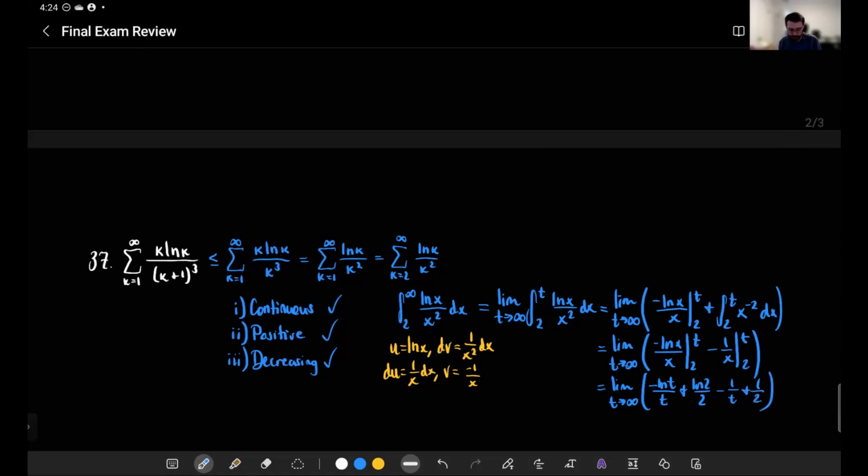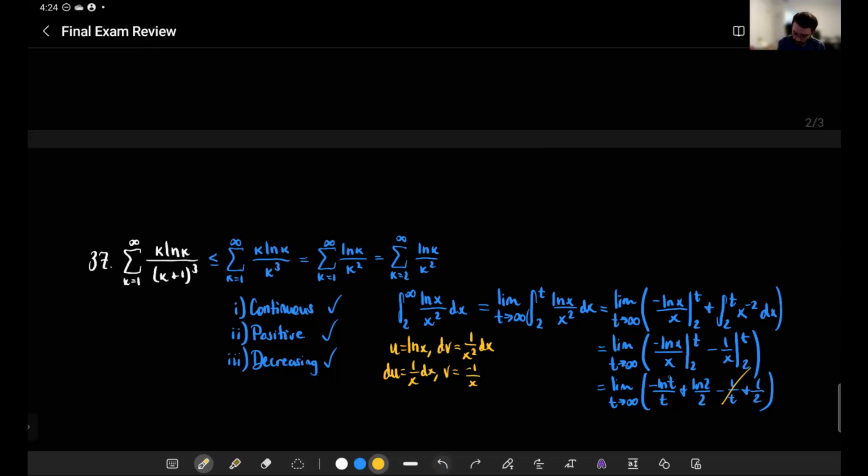Anyway, the constants tend not to matter, right? We're taking a limit, so even if I'm off by a minus sign, it's not a big deal. In the limit, this guy goes to 0. And the only real question is what happens to this, negative log t over t. I mean, both numerator and denominator are going to infinity, so I need to be careful and do L'Hopital's rule, but that would get me 1 over t or negative 1 over t on the top, and that would go to 0.